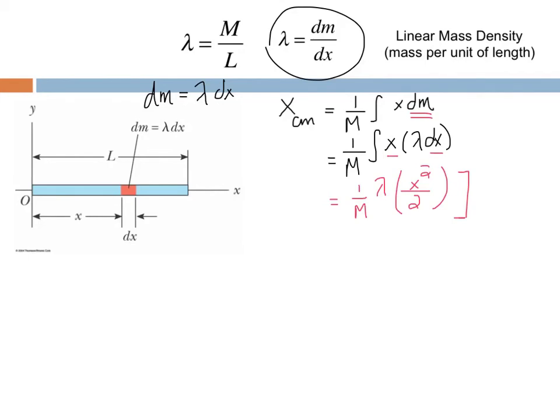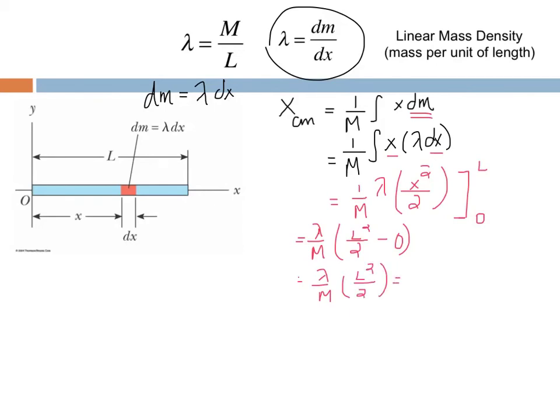In this case, it is from 0 all the way to the end of the rod, length L. So when I evaluate that, I get lambda over m, L squared over 2 minus 0, or just lambda over m times L squared over 2.